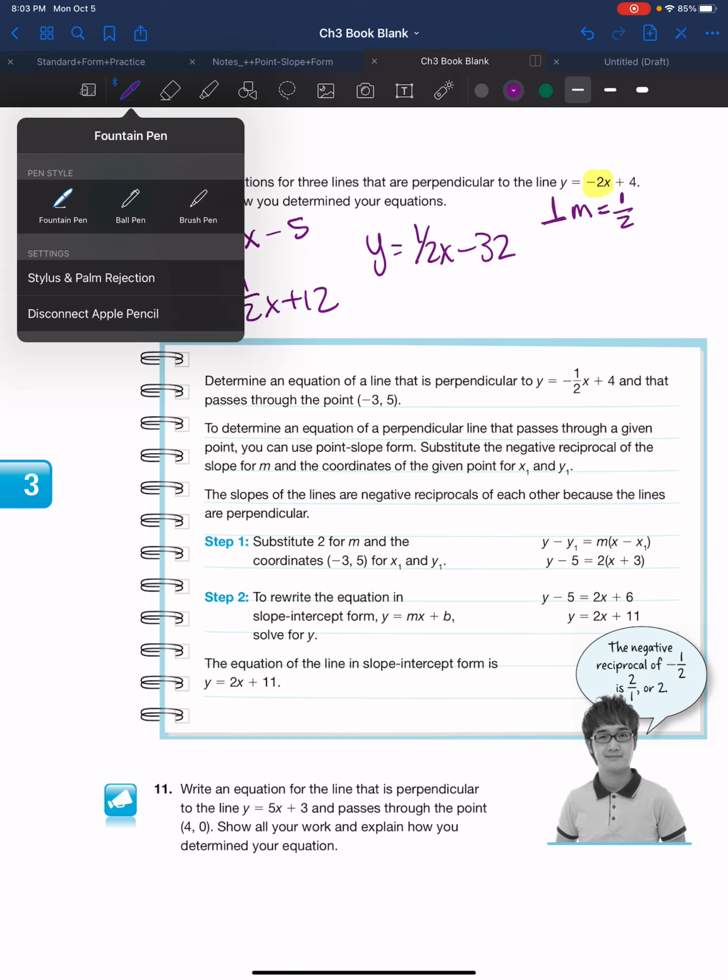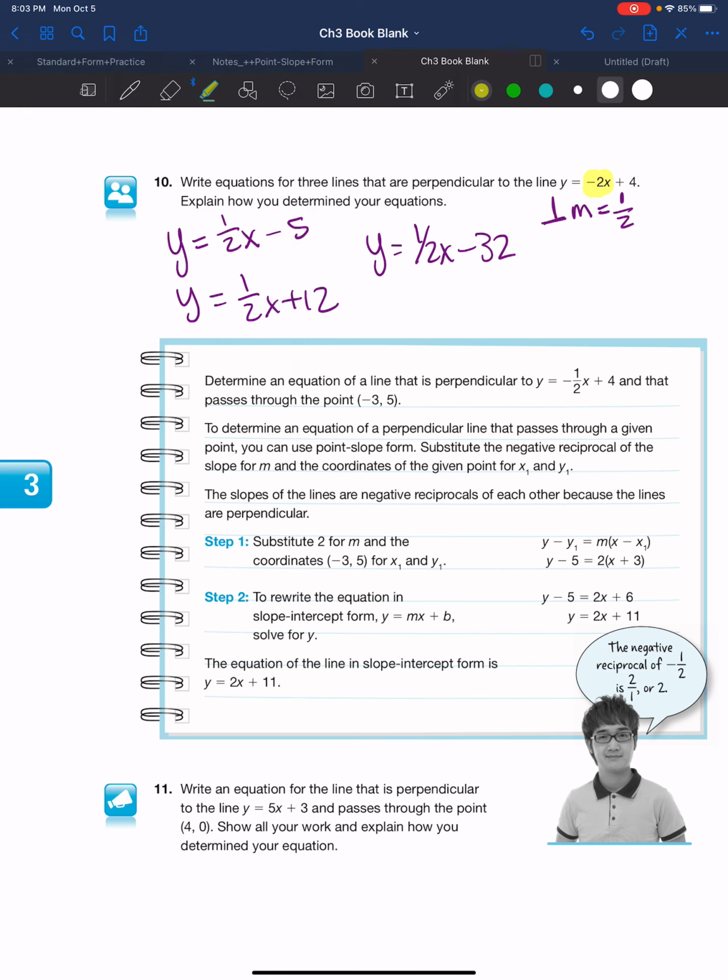So perpendicular means we change the sign and flip. Here in their example, the slope was -1/2. And here in step 1, they talk about changing the slope to +2. If it's perpendicular, it's going to be +2.